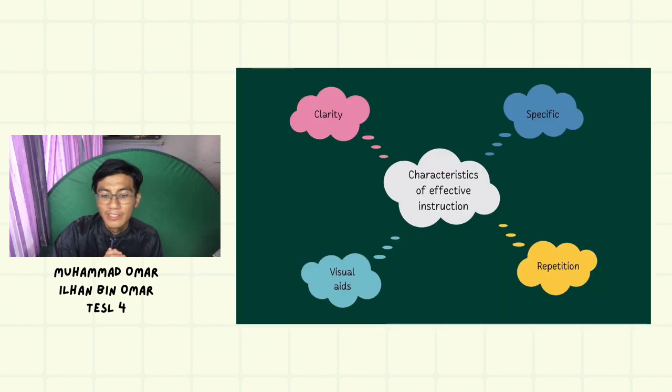There are four characteristics that we could see from Teacher Matt's class. Firstly, clarity. Instruction should be clear and easy to understand. Teachers should use simple language or avoid complex sentences to avoid confusion in instruction.